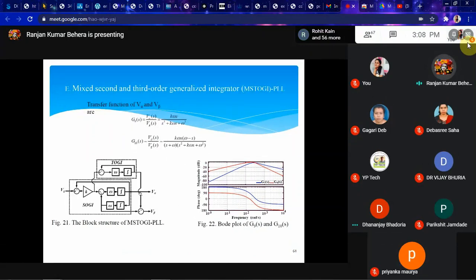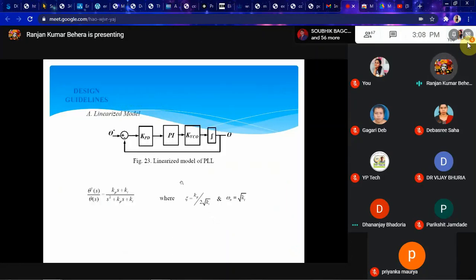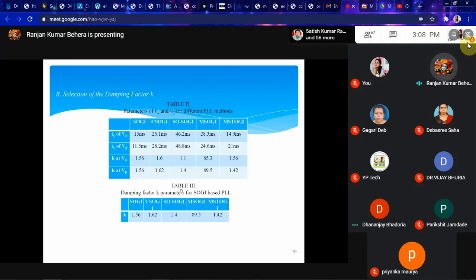We have discussed all these things, including the design. So for the design guidelines, you must choose the resonant or natural frequencies as well as the damping coefficient.